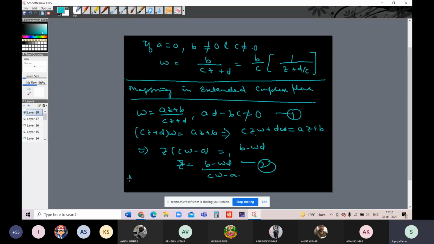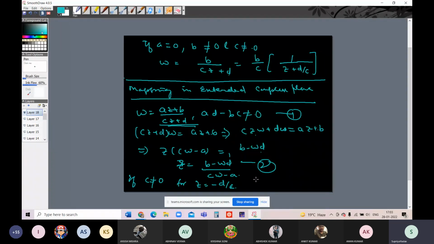First, if C is not equal to 0, and for Z equal to minus D by C: what will happen at this point Z equal to minus D by C if C is not equal to 0?